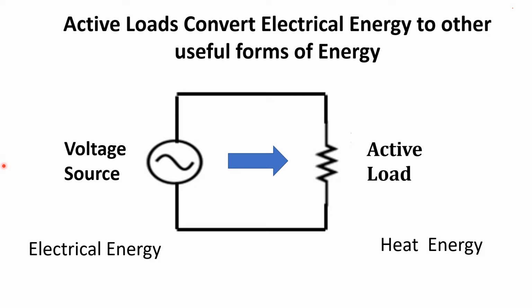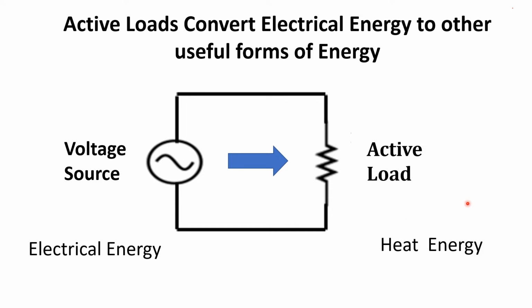In this simple circuit diagram, we have just one source and one active load connected together. The source delivers electrical energy to the circuit, and the active load removes that electrical energy and converts it to some other useful form of energy.